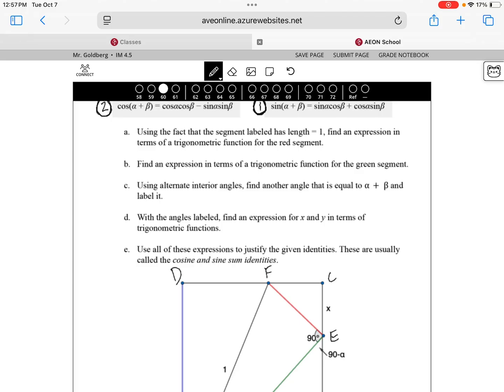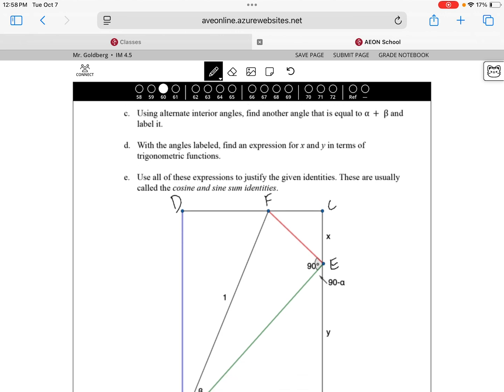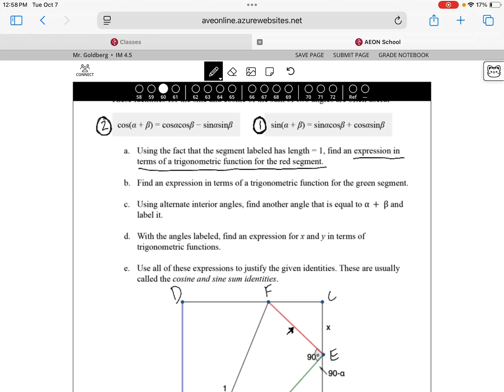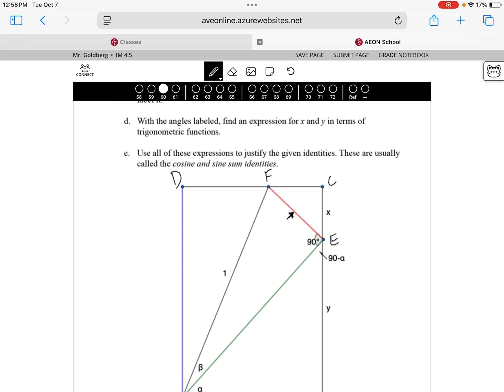We actually want to find expressions in terms of trigonometric functions. So we're going to start with this red segment. I need to come up with some kind of expression that gives this red segment. I'm going to go step by step, like these are check boxes, and do each of these one at a time. And I encourage you to do that as well.